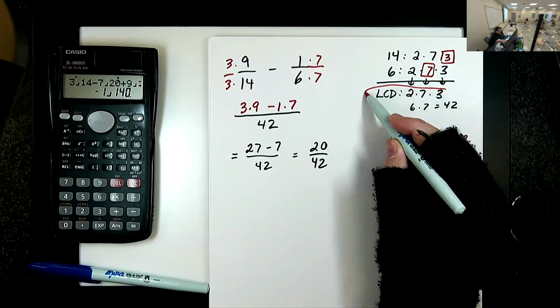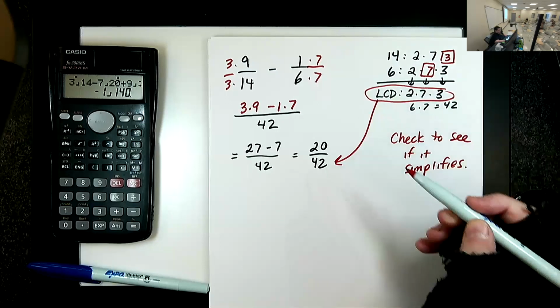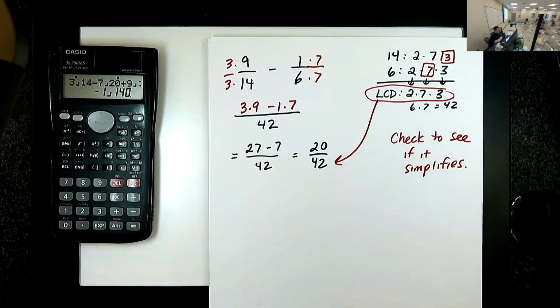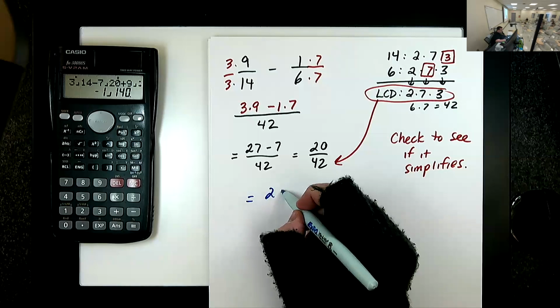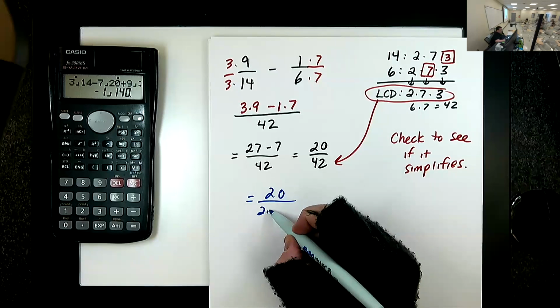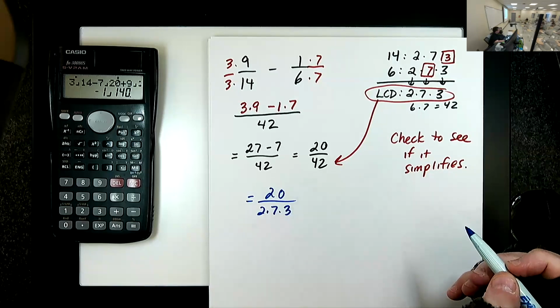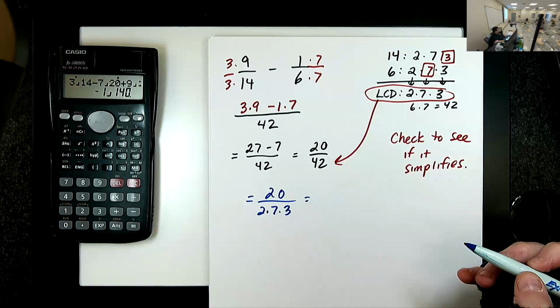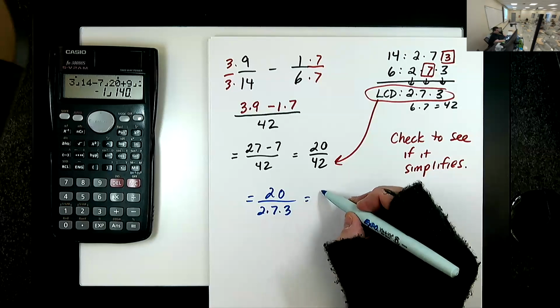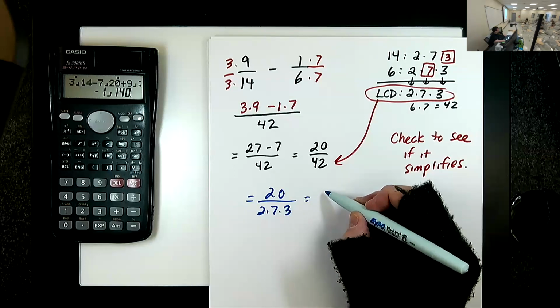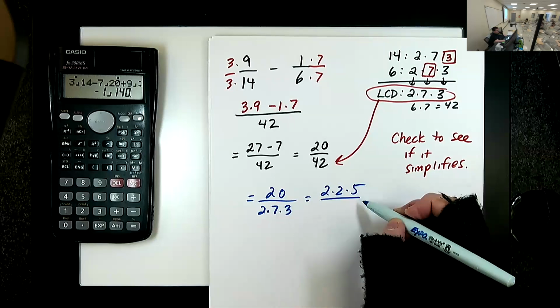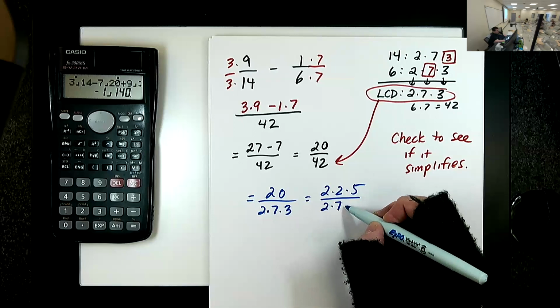I already know what the factors are on the bottom. This is 20 over 2 times 7 times 3. Now I just need to factor the top. And we know that was 4 times 5, which is 2 times 2 times 5. And the bottom is 2 times 7 times 3.